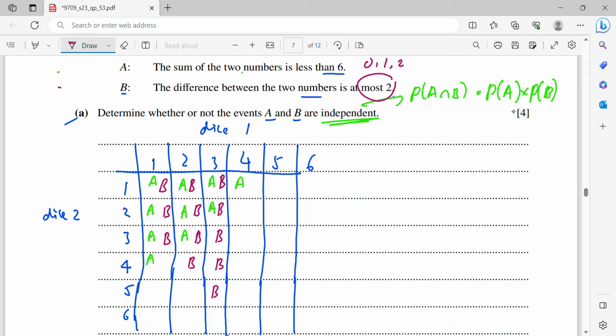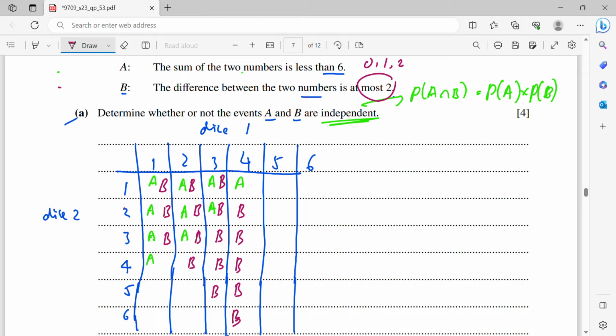Okay, then 4 minus 1 is 3, cannot. 4 minus 2 is 2, which is B. 4 minus 3 is 1, B. 4 minus 4 is 0, which is B as well. Then 5 minus 4 is 1, B. 6 minus 4 is 2, so I get B. Now, next one is 5 minus 1, 4, cannot.